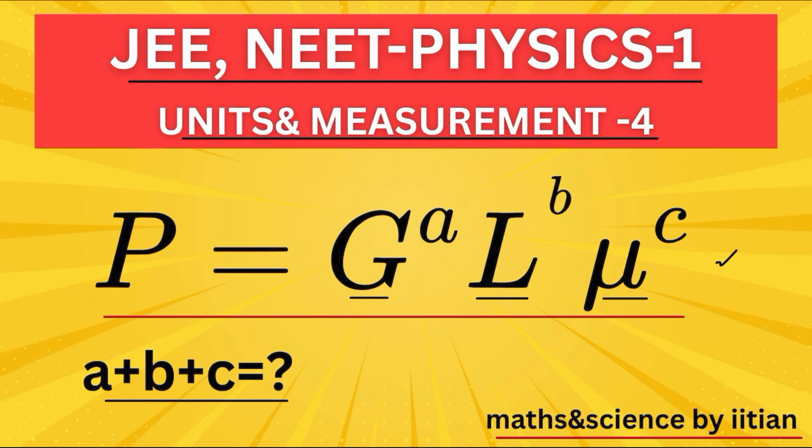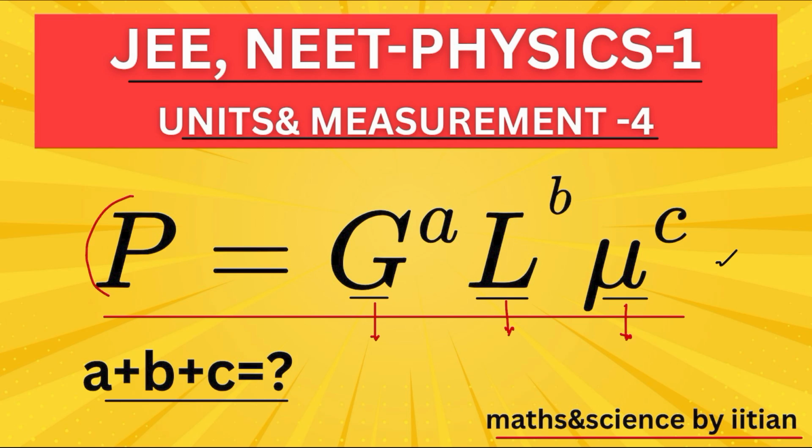You should know first in what dimensions this particular question is to be answered. Instead of MLT, we have to answer in terms of the universal gravitational constant and then angular momentum, and mu is represented as dynamic viscosity.